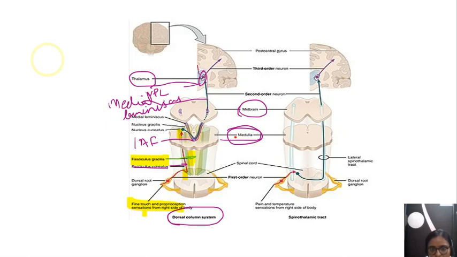And from here it will go to your sensory cortex. See your third order neuron, and here is your second order neuron only. And your first order neuron forms where, at the medulla. Before crossing we have the nucleus cuneatus and nucleus gracilis. Is it clear? Okay, thank you so much.